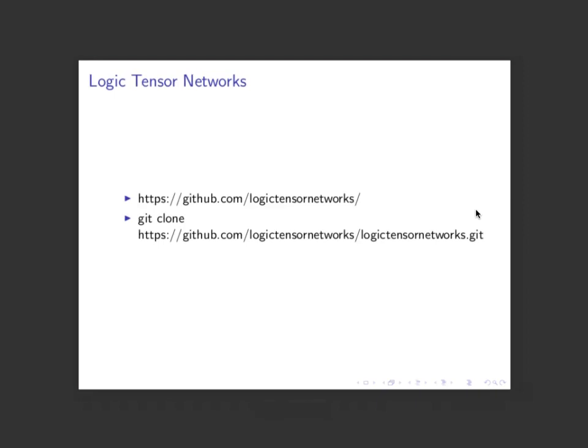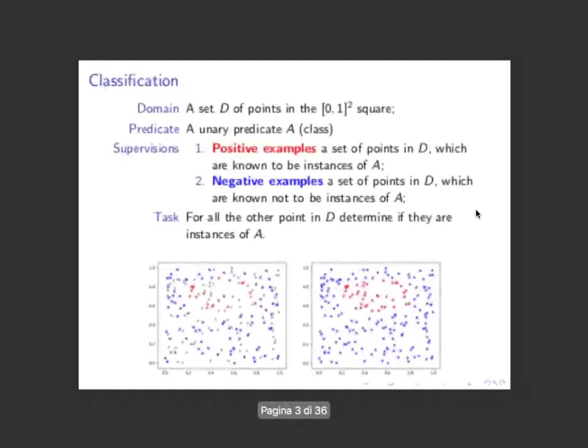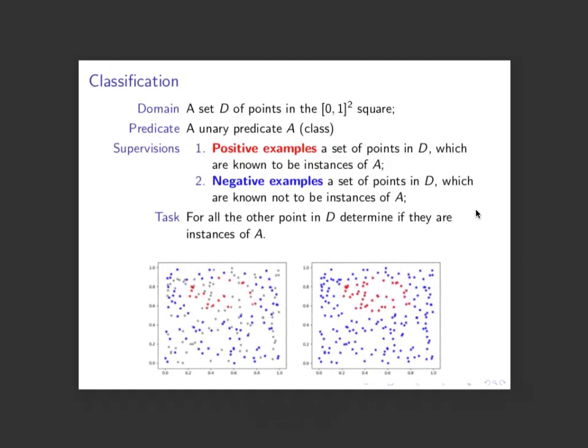I've mentioned already the TensorFlow implementation and the link to that on GitHub. So here's a classification task, and this is the same example we've seen before, only with more points, where we have a set of points in [0,1] squared, and we have a classification task, which is to say that there is a predicate A, and I want to know for any point whether it belongs to A or not.